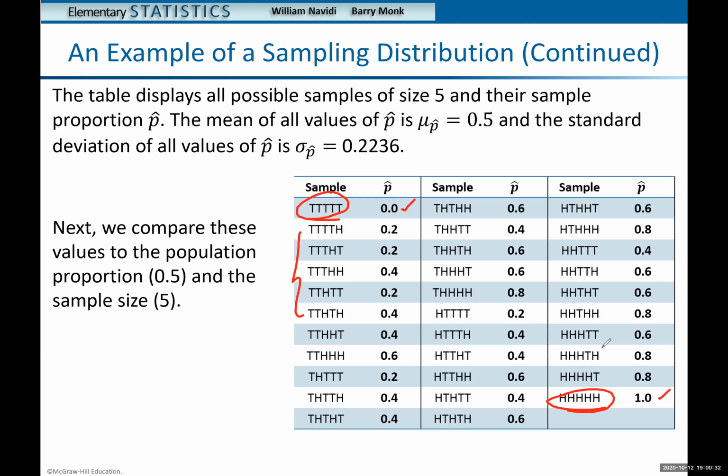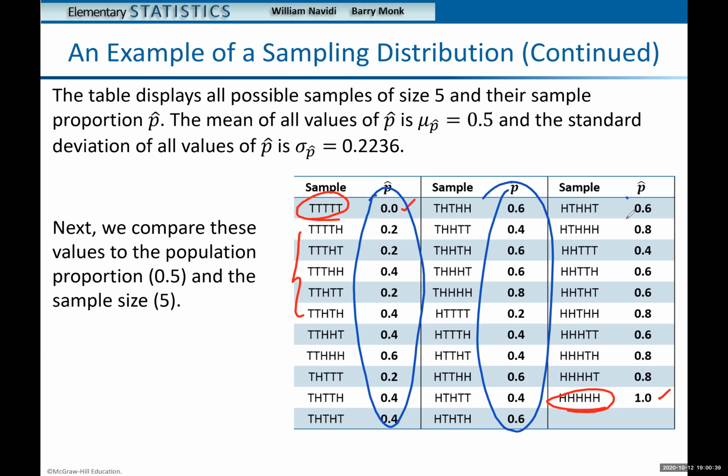Okay, and same concept also. If you get the mean of all the proportions, what do you think is the answer?